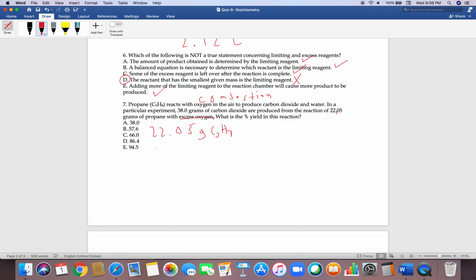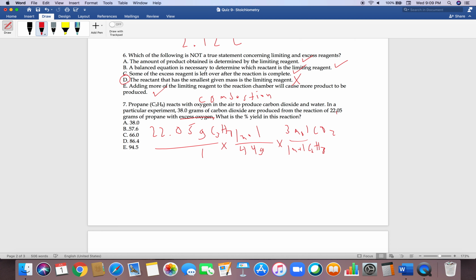We know that 1 mole of propane weighs 44 grams. And for 1 mole of propane, we need 3 moles of carbon dioxide.